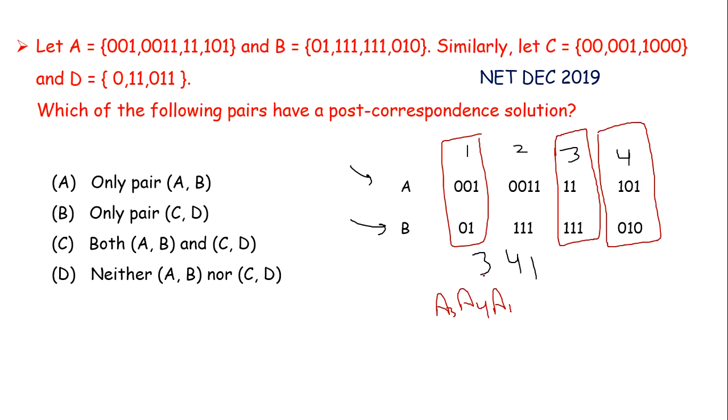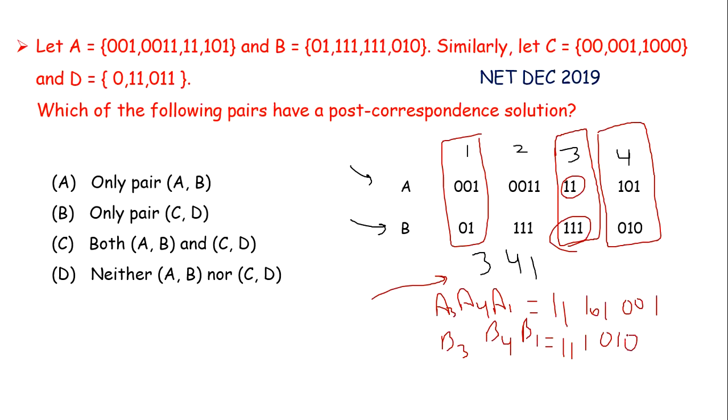See the sequence, we are using the same sequence 3, 4, 1. What is A3? A3 is 11. What is A4? It is 101. And what is A1? It is 001. Again we will follow the same index sequence 3, 4, 1 for B also, so it will be B3, B4 and B1. Just write the strings corresponding to this sequence. B3 is 111. B4 is 010. And last we have 01.